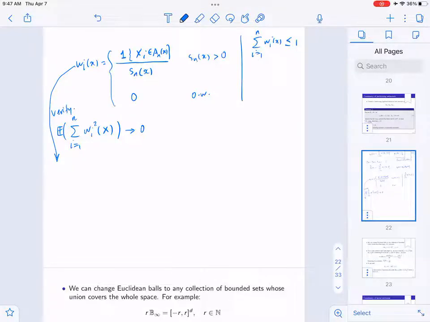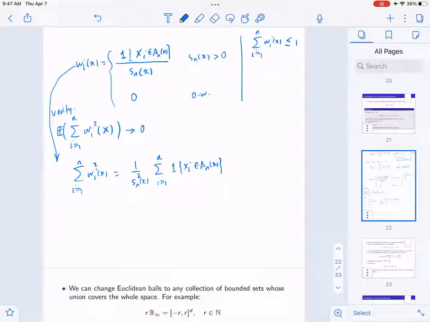We get the summation of Wi(x) squared. You can see they average. So this squared comes out, and then the 1 when I square it just remains there.